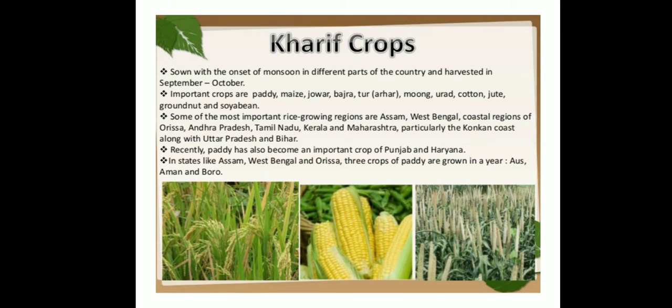Recently, paddy has also become an important crop of Punjab and Haryana. In states like Assam, West Bengal, and Orissa, three crops of paddy are grown in a year. That means they grow paddy three times, and these are Aus, Aman, and Boro. These are the names of paddy crops.